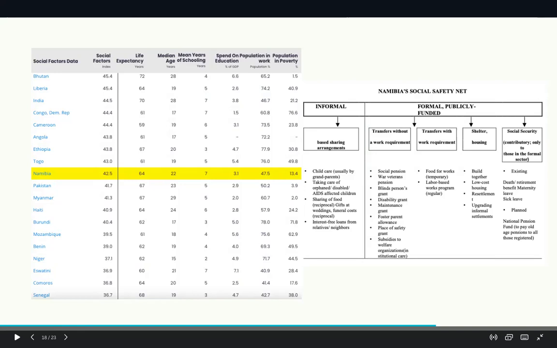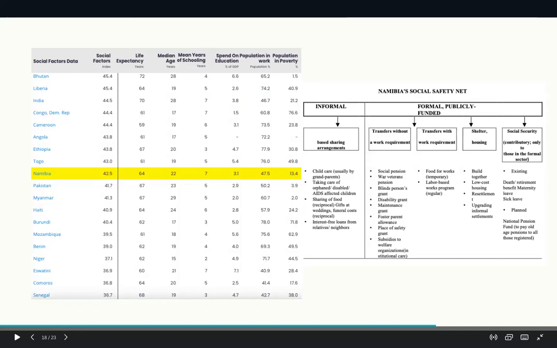Life expectancy is 64 years, which is quite good but could also be improved. And the median age is 22, which follows the trend of African countries across the continent.